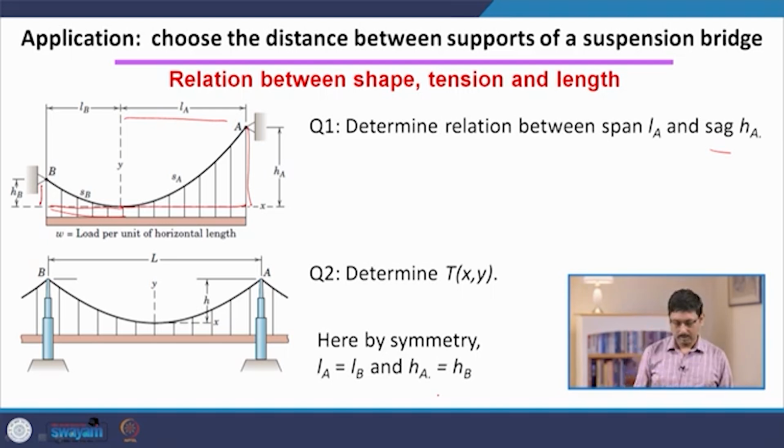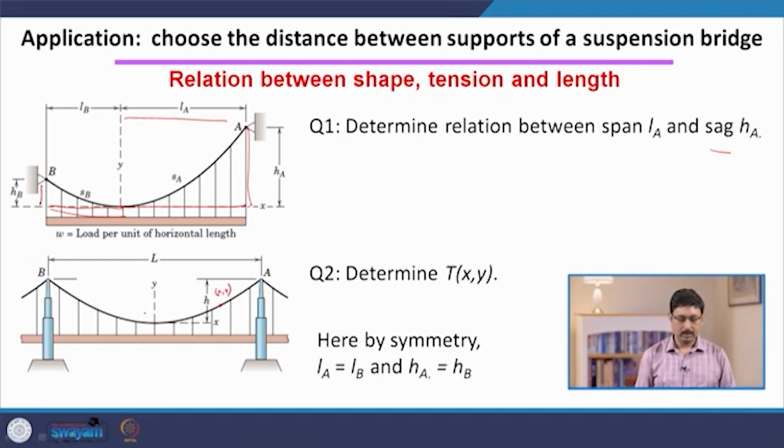The other possibility could be what material you are going to choose for this suspension bridge, and for that you need to determine the tension along the length of the cable. So, here the problem will be to know the tension. Think of each point: if this is the origin, this is the x axis, y axis, each point has a coordinate x and y. So, determine the tension at this point.